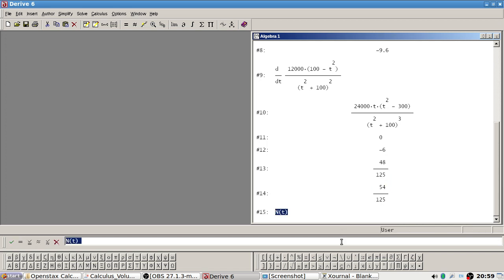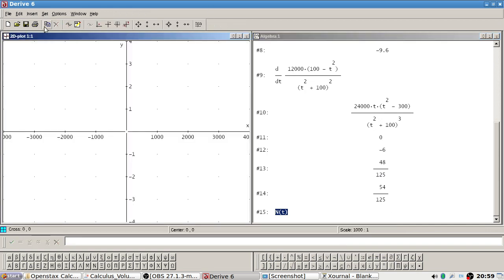So I really want to graph this to see what it looks like. Interesting. At 0, we have an initial 3,000, and then it's growing, but the rate of growth is falling off.